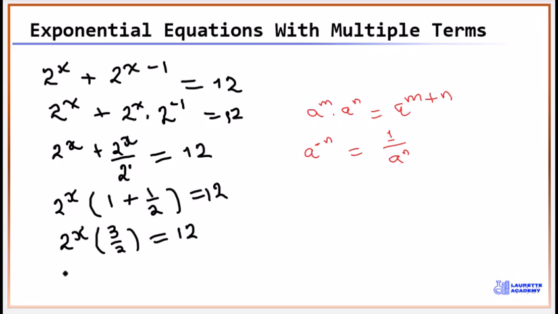So this is the same as 2 to the power x times 3 over 2, and we multiply both sides by 2. So this is equal to 12 times 2.